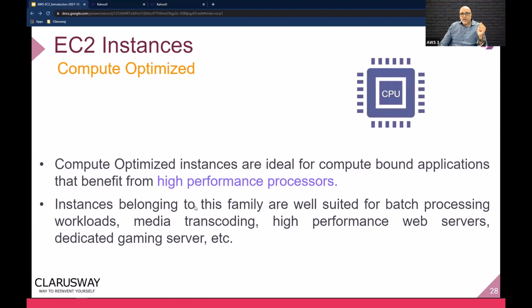Compute optimized. This is when you've got applications like the ones listed here that use a lot of CPU, not so much memory, not so much disk, but they need a lot of performance. And so you're going to use these compute optimized or C class instances.